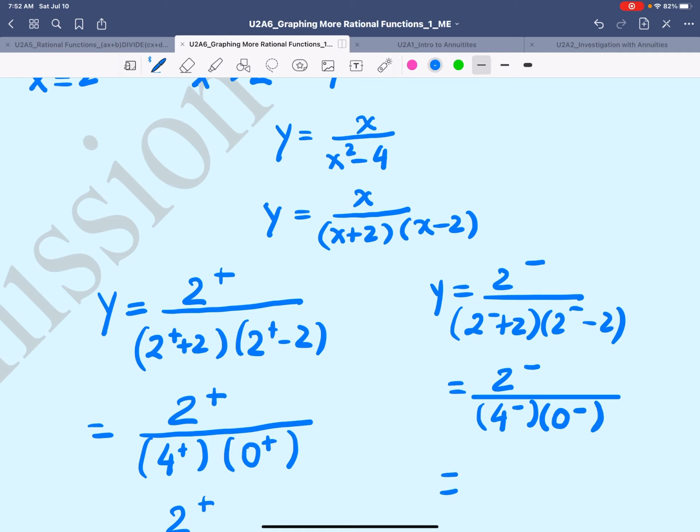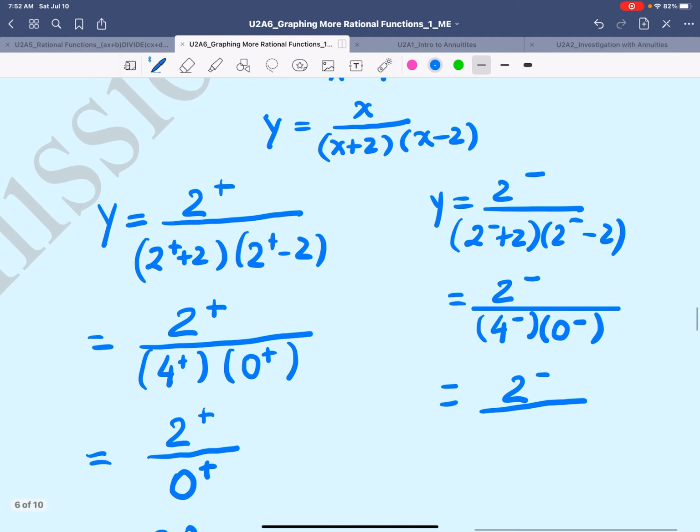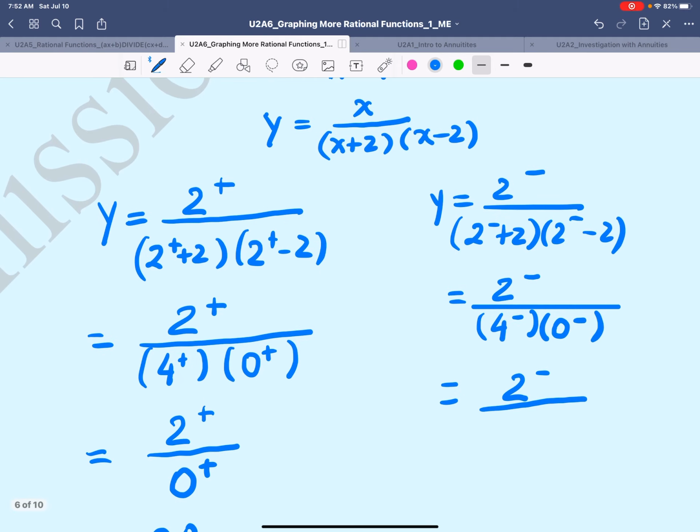Remember that here we have some number, a positive number, less than 2. And we have 4 minus, which is again a positive number, like 3.999, multiplied by negative 0.0000. You can go as far as you want. So that would be practically 0 minus.